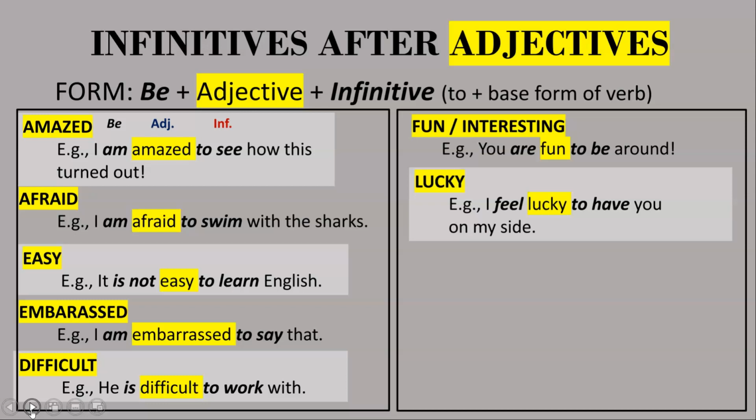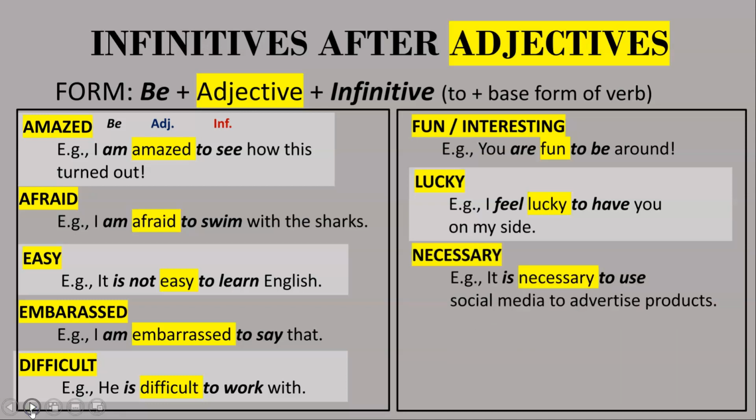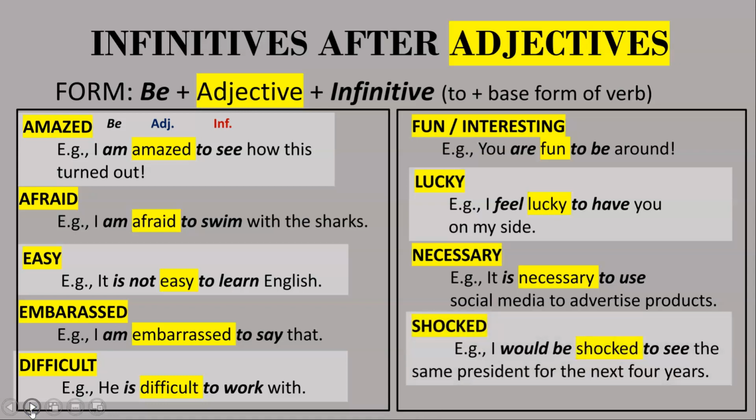The verb feel in this sentence is a linking verb. I feel, how do I feel? I feel lucky to have you on my side. Necessary. It is necessary to use social media to advertise products. Shocked. I would be shocked to see the same president for the next 4 years.